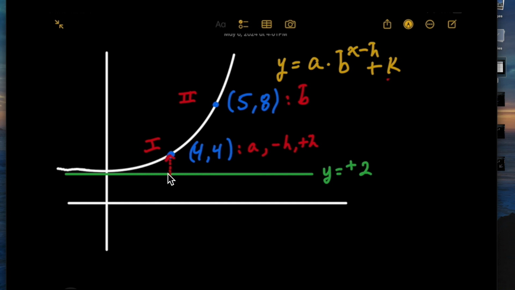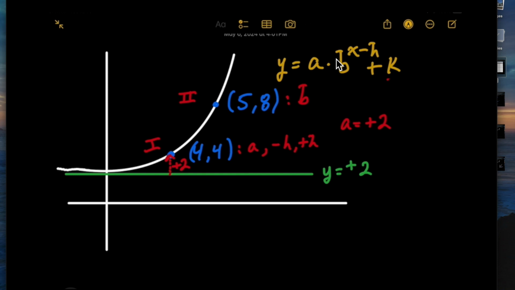So here, the y value at the horizontal asymptote is positive 2. You go up to positive 4, that's the y value of Roman numeral 1. That distance is positive 2. So indeed, our a value is going to equal positive 2. And that makes sense, because having a positive a value means your function is not going to be flipped over the horizontal asymptote.